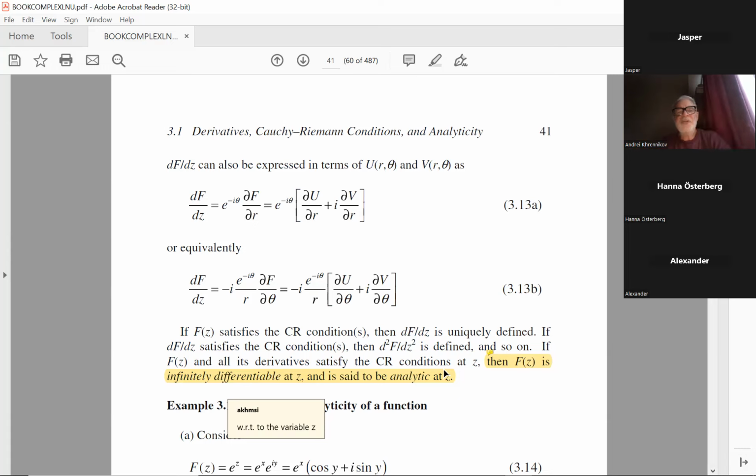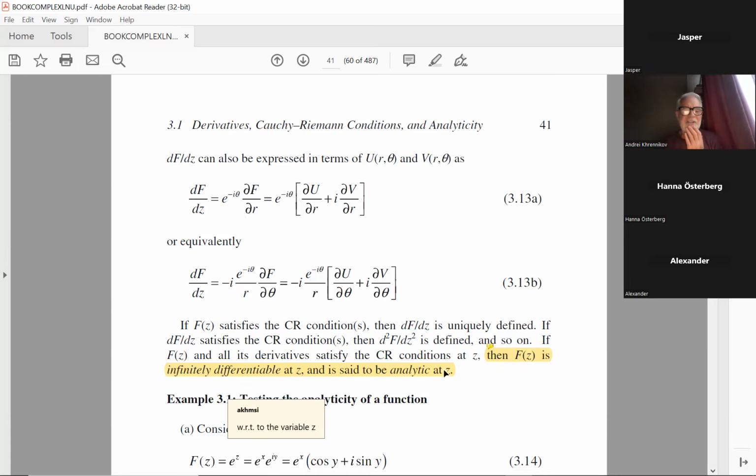It is maybe not the best way, because when you use analytic functions, you use that they can be represented as power series with respect to z, but it is more or less the historical way. In this way, people came to analytic functions.